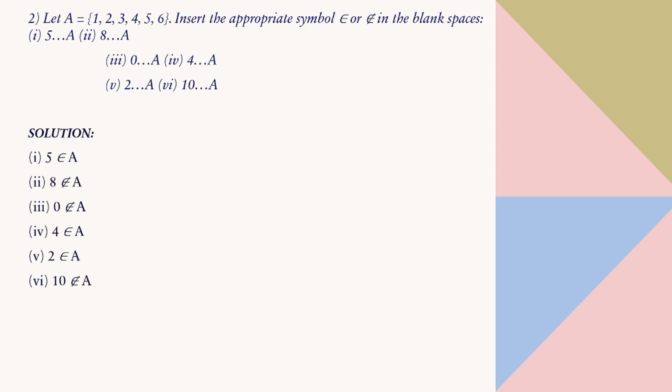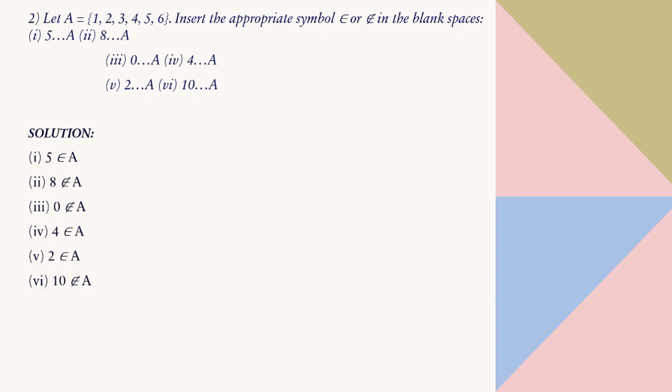As we can clearly see, 5 is in the given set, so we write belongs to. The symbol similar to E is used for belongs to, and the cut mark on that symbol represents does not belong to.